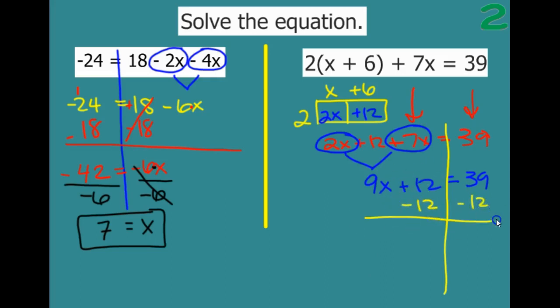Get all the numbers on the same side. 39 minus 12 is 27. And then last, the opposite of multiplying by 9 is dividing by 9. 9 times 3 should give us 27.